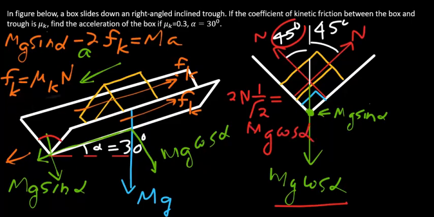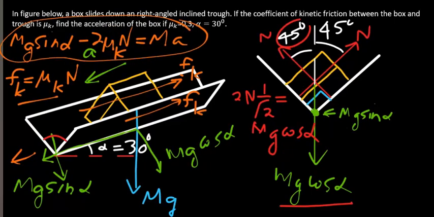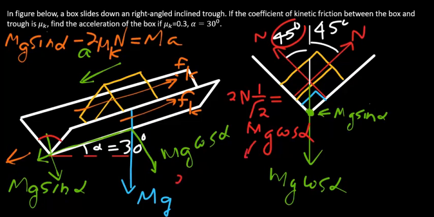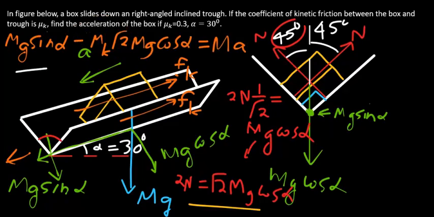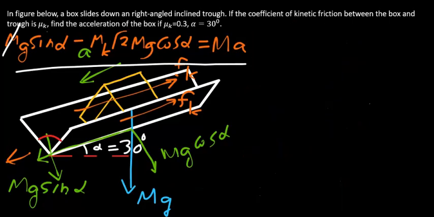So let's first substitute this expression here in there, and you get that line. And from this equation you get 2N equals square root 2 mg cosine alpha, which we can substitute in there, and that would give us this expression. The m cancels out, and there you go.